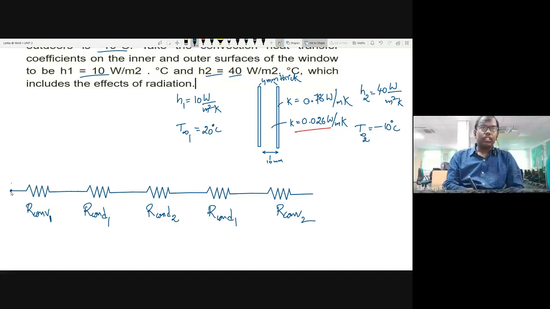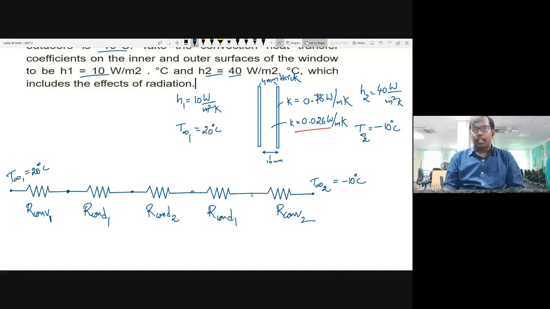On one side of your resistance circuit, you take T infinity 1, and on the other side you take T infinity 2. T infinity 1 is 20 degrees centigrade, T infinity 2 is minus 10 degrees centigrade. And you will have so many temperatures here.